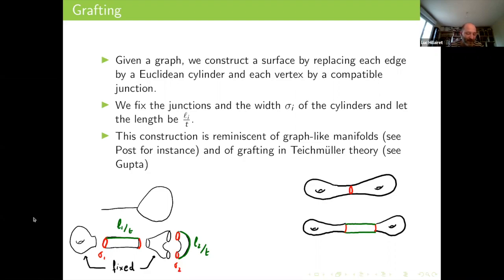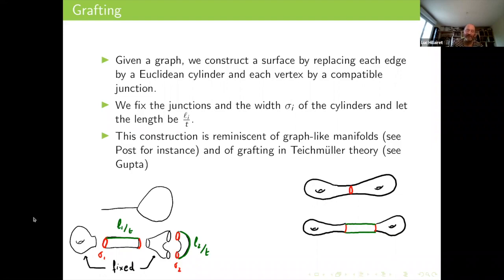So I have two junctions because I have two vertices. One is just this end on the right with a boundary component, which is a cylinder, and I have this junction.